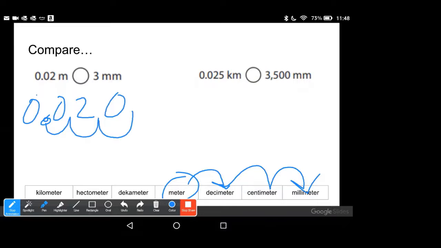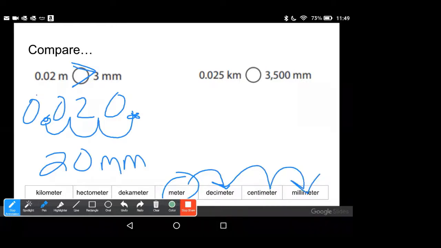So I need to put a 0 there because I don't have anything to go to. And so my decimal place is now here. I can drop those zeros. So 0.02 meters is the same as 20 millimeters. So it's bigger than 3 millimeters. So it's greater than.